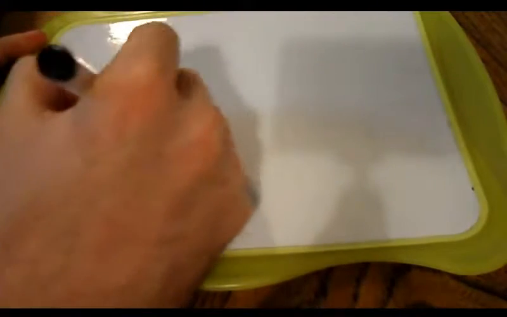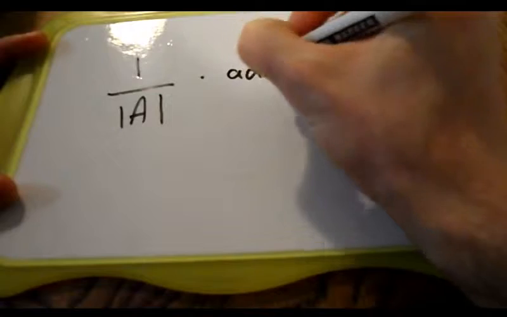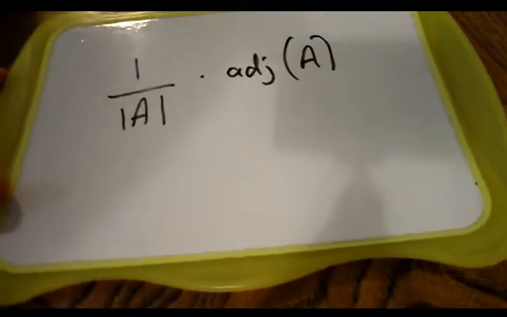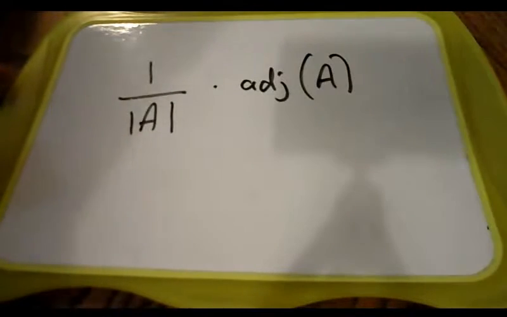Then we just have a simple formula for finding the inverse, and I want you to remember that formula. The formula is 1 over the determinant of A times the adjugate of matrix A gives you the inverse.